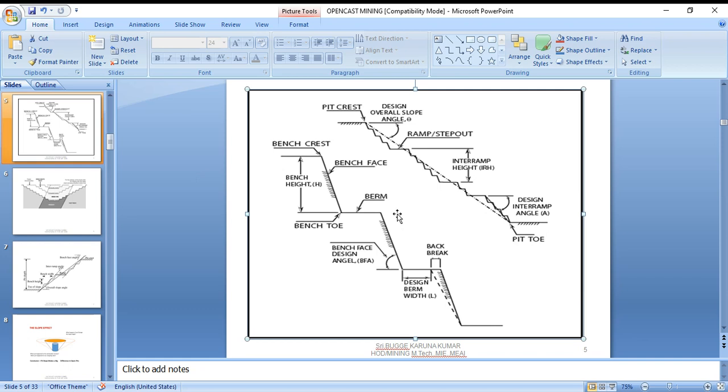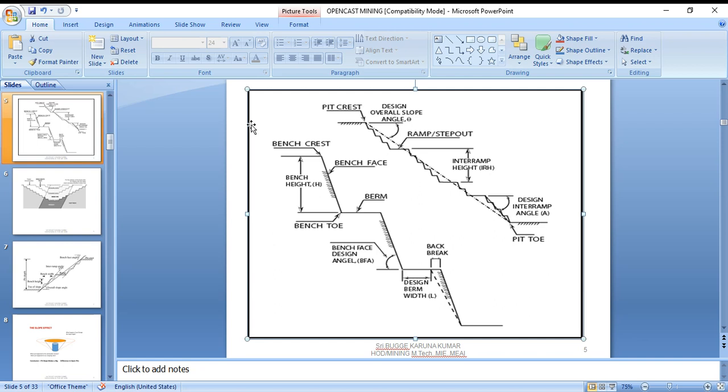In earlier classes you are also well aware that an outcrop deposit may be beneath the earth's crust, a few meters or sometimes kilometers below, depending upon the mineralization character and deposit.